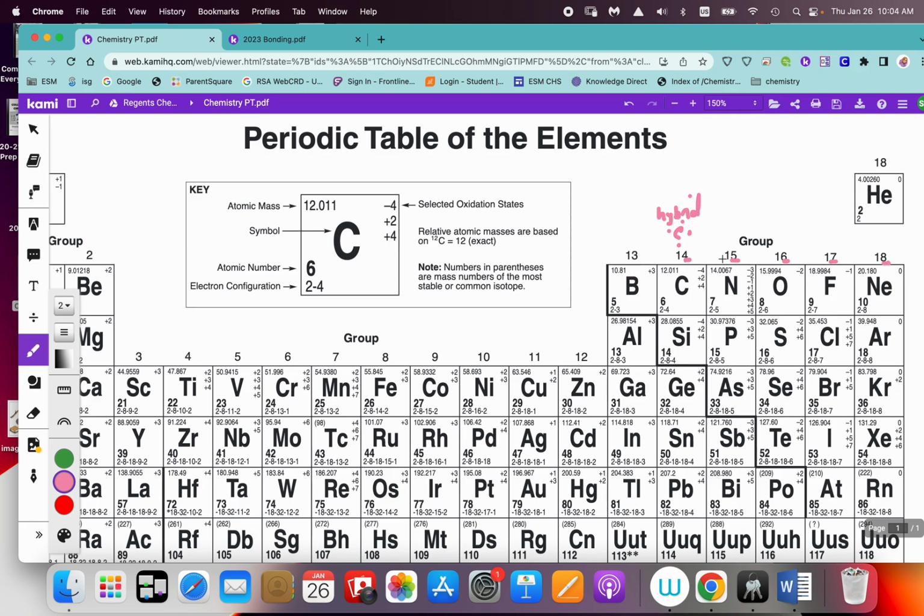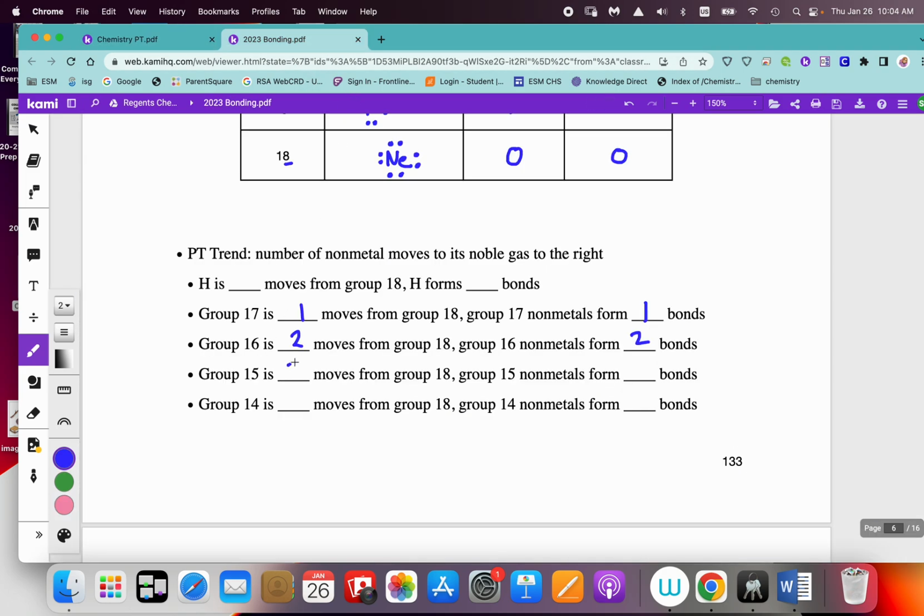Group 15, like nitrogen and phosphorus. To get to the noble gas, they have to go 1, 2, 3. Phosphorus: 1, 2, 3. So they are 3 moves from group 18, and because it's 3 moves, they have to form 3 bonds to get that configuration.